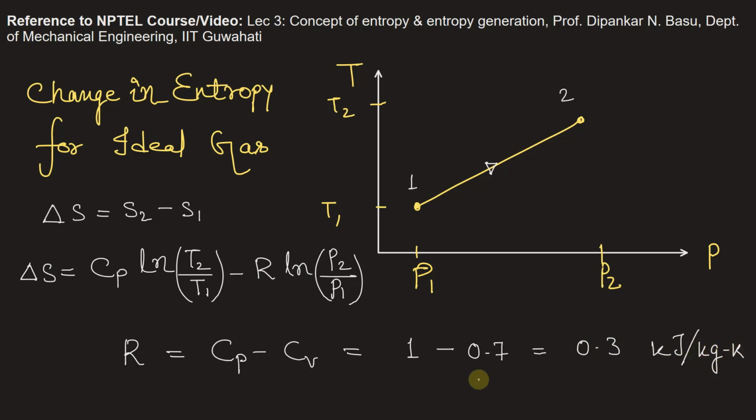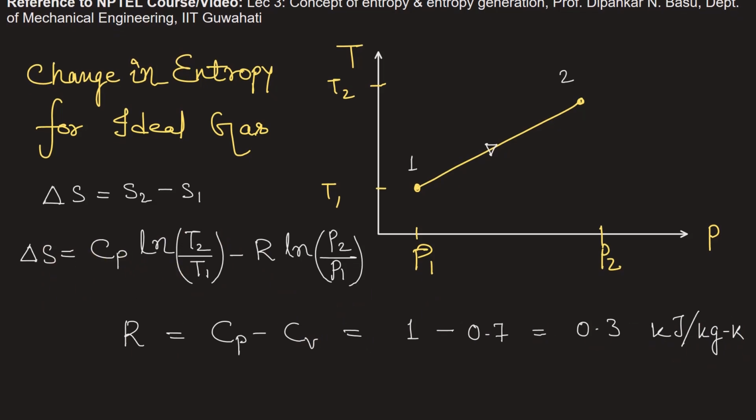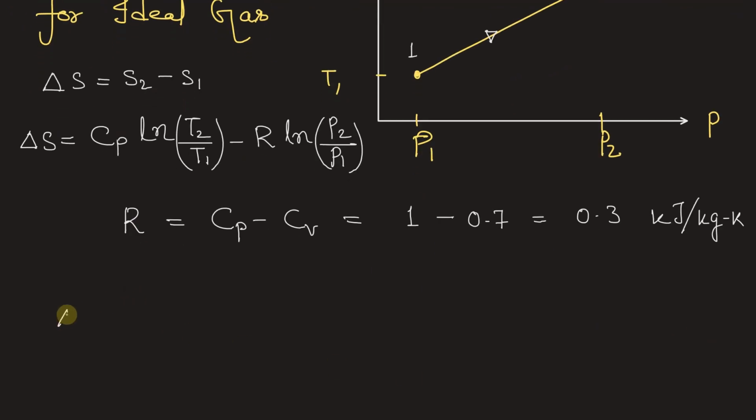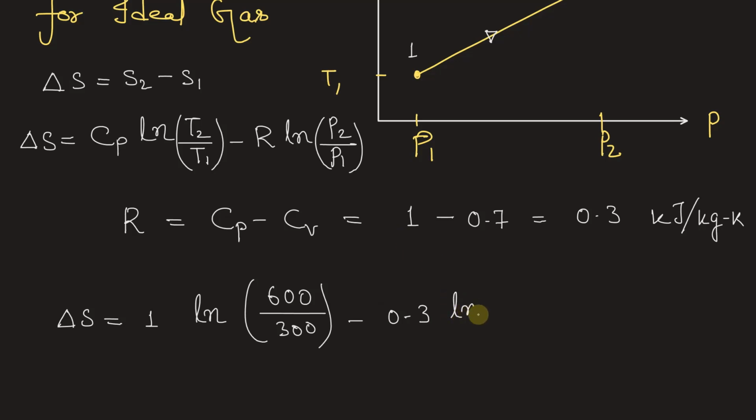Now let's substitute all the values in this equation and calculate the change in entropy. So delta S will be equal to Cp, that is 1, ln T2, which in the problem is given as 600 Kelvin, and T1 is 300 Kelvin, minus R, that is 0.3, just calculated, into ln P2, which in the problem is given as 500, and P1 is 100 kilopascal.